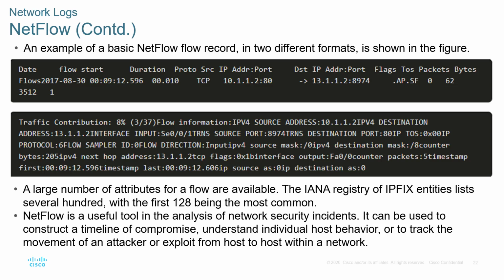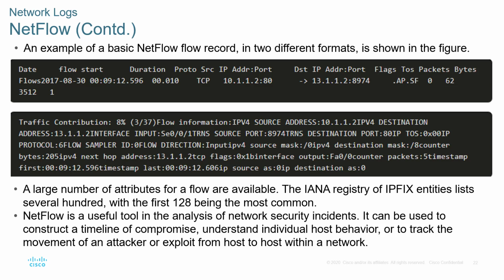A large number of attributes that follow a flow are available. So the IANA register of IPFIX entities will list several hundred, with the first 120 being the most common. Netflow is a useful tool in the analysis of network security incidents, and it can be used to construct a timeline of a compromise, understand individual host behavior, and so much more.